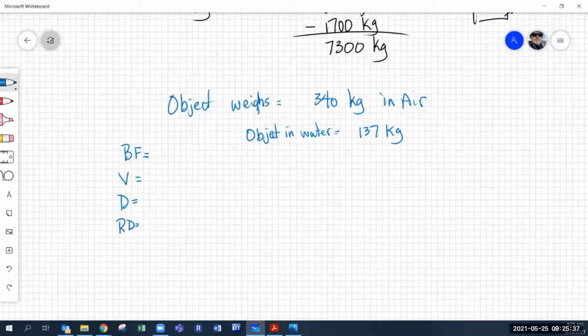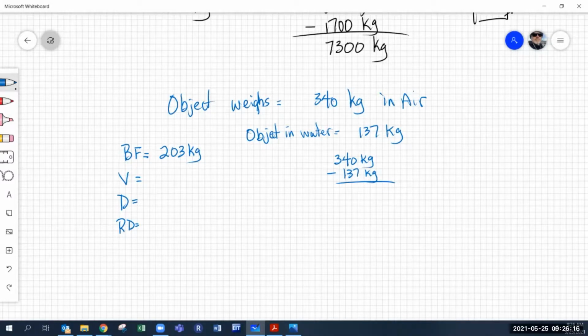Now, when we have what an object weighs in air and what it weighs in water, we can calculate the buoyant force simply by taking 340 kg minus 137 kg. So the buoyant force is equal to 203 kilograms on this object.